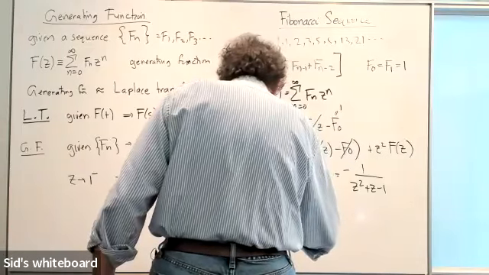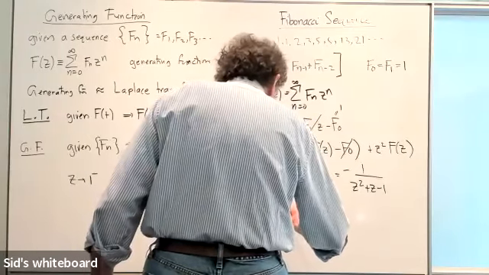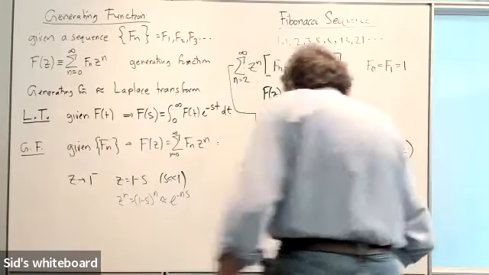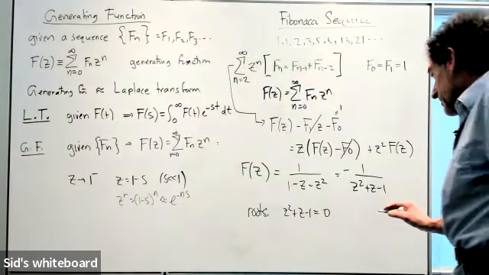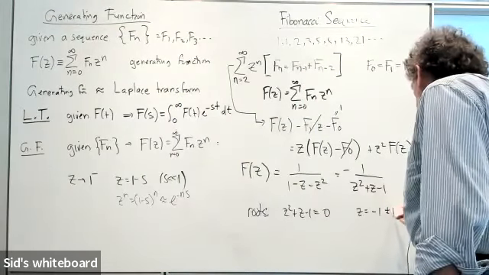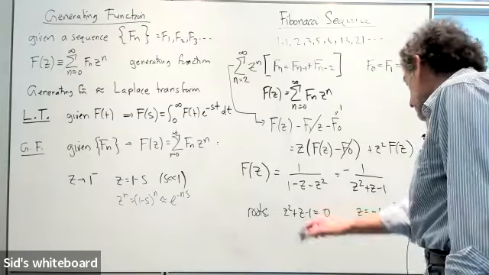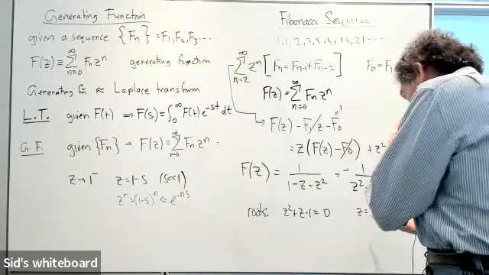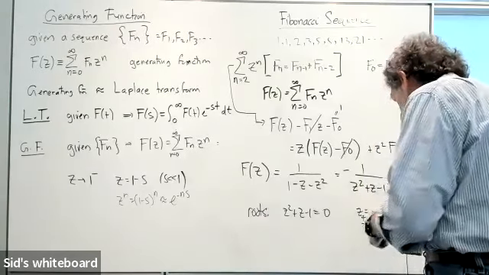So let's look at the roots. And so that's solving z squared plus z minus 1 equals 0. And so the solution to that is z is equal to minus 1 plus or minus the square root of b squared minus 4ac, so that's root 5, over 2. So let's call that z plus minus.